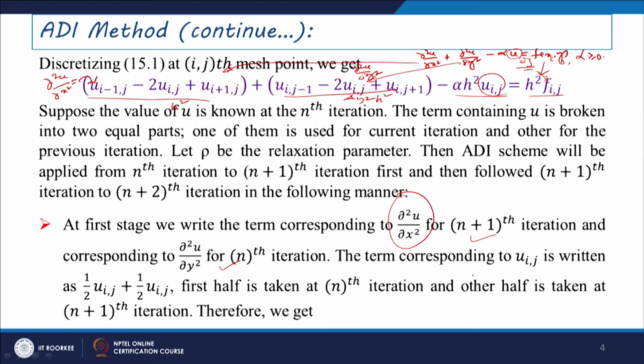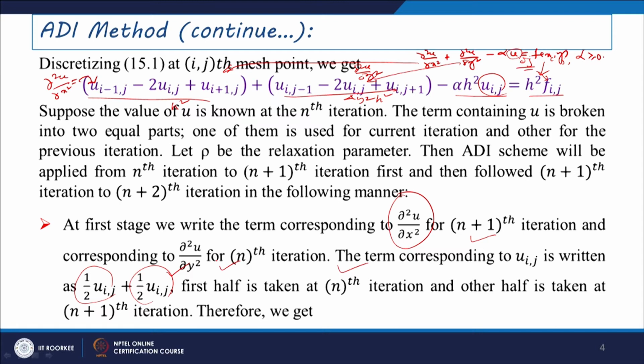The term corresponding to u i j is written as half u i j plus half u i j, where the first half can be considered at the nth iteration and the other half at the n plus 1th iteration.